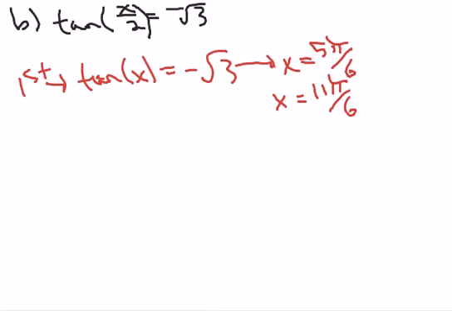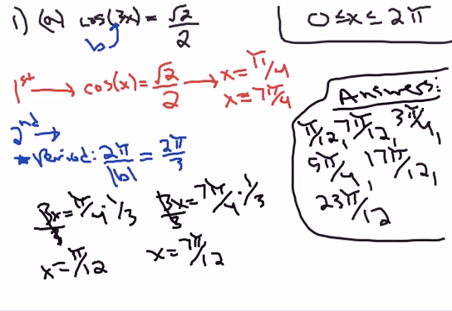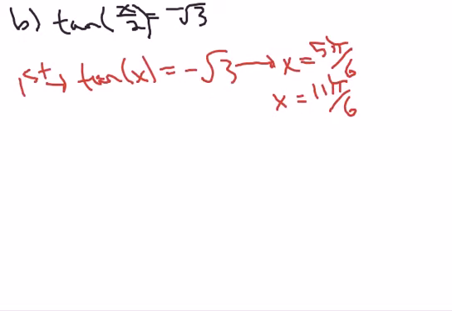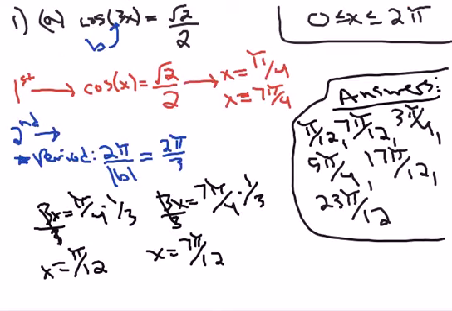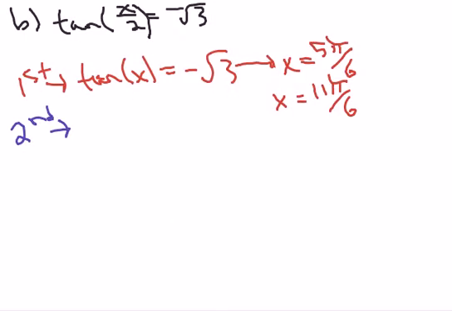Okay, so again, I've simplified the equation first, and now I'm going to do this period calculation here, but I need to be very careful because tangent has a different formula for its period, if you recall. So for tangent, whereas cosine's period was 2 pi over the absolute value of b, right? Which is the same for sine as well.